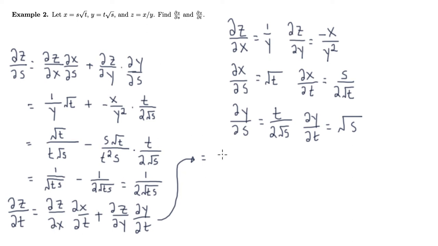So we have partial z, partial x, which is just 1 over y. And then partial x, partial t is root t.